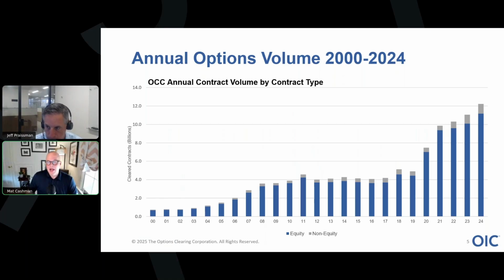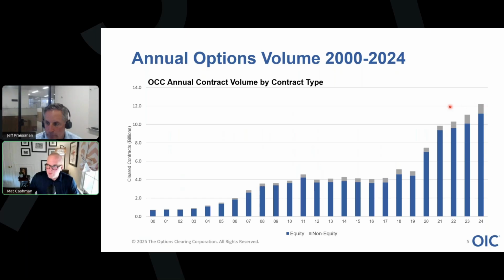This slide I always include because I think it tells the story of where we have been, where we are, and where we might be going as far as volume is concerned. 2008 was 3.7 billion contracts of cleared volume at OCC. Contrast that with last year, which was north of 12 billion for the first time ever: 12.3, 12.4 billion contracts of OCC cleared volume.